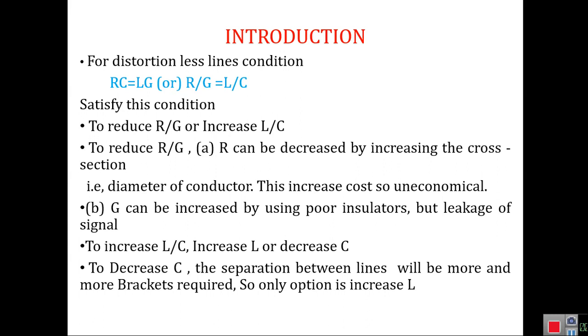The second condition is possible, that is, increase L by C. In L by C, we have to increase L or decrease C. Since a transmission line acts as a capacitor with dielectric space between the two lines, to decrease the capacitance the separation between lines must be more, which means more and more brackets are required. So the only option is to increase L to maintain the distortionless condition.